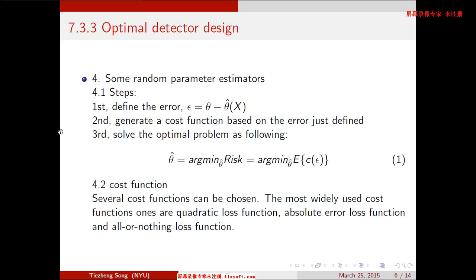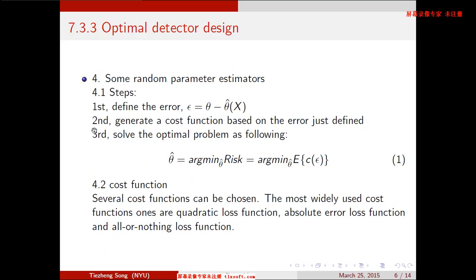So these are some random parameter estimators. First, let's talk about the steps to get these estimators. First, we need to define the error, which is the true value of the parameter minus the estimation of the parameter based on the data we collected.